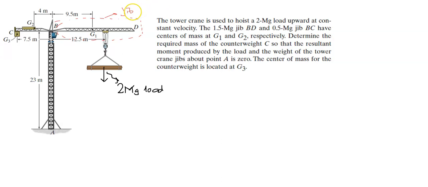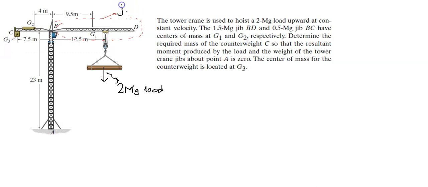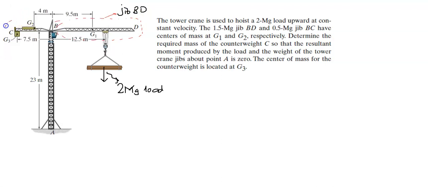Okay, let's use our black pen here. So this is jib BD, and the other jib, this one at the back, that's called jib BC.